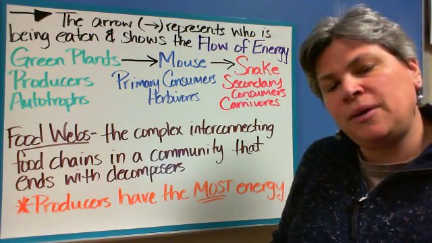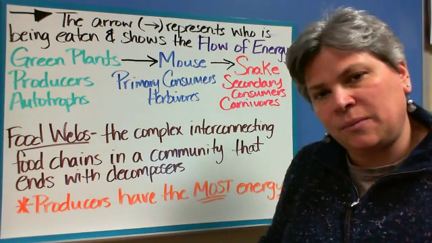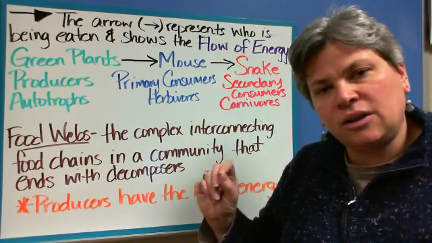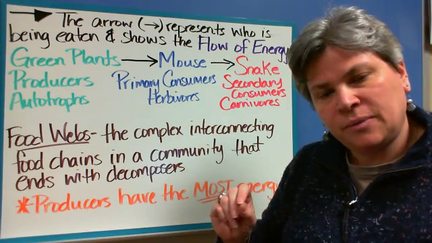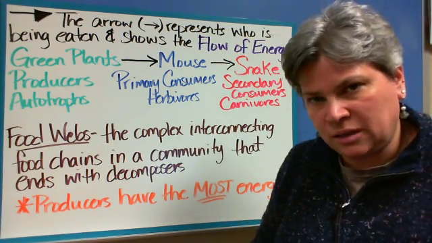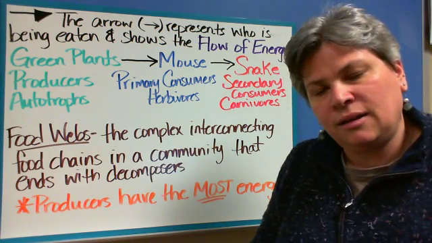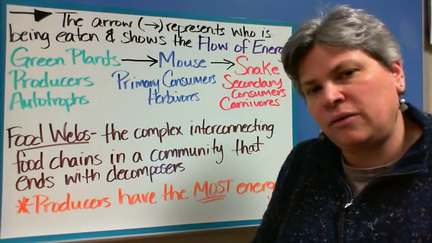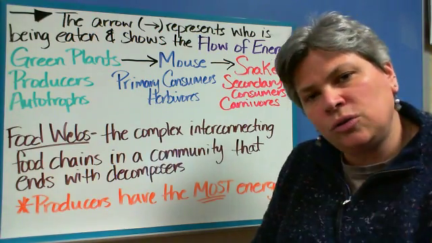And if you look at that picture, it shows you off to the side. The most energy is at the bottom with your producers, the least energy is at the top with your top predators. Now, a top predator could be something as simple as a hawk, but still within that food chain, it has the least amount of energy. So every time you take another step up, you're losing energy.